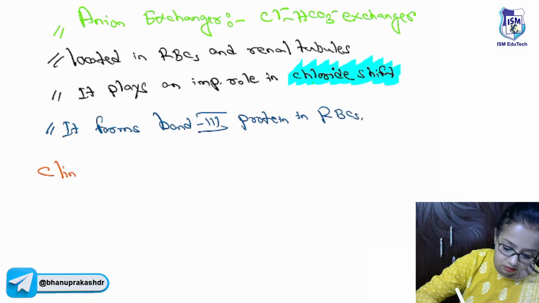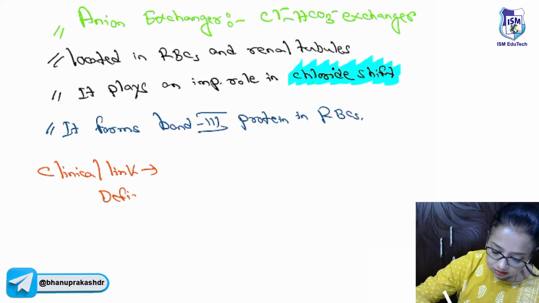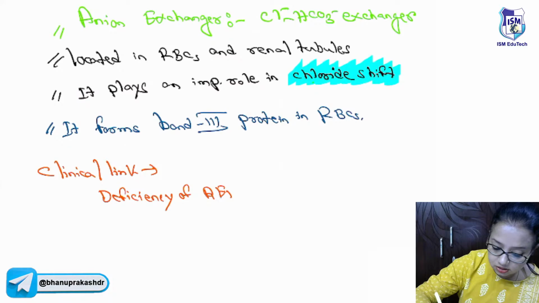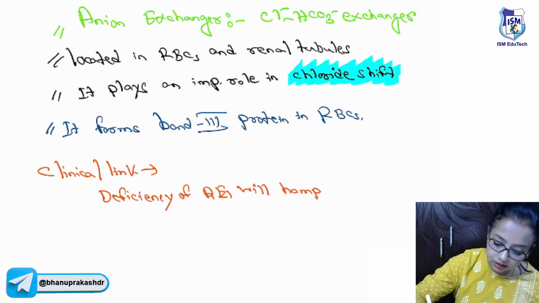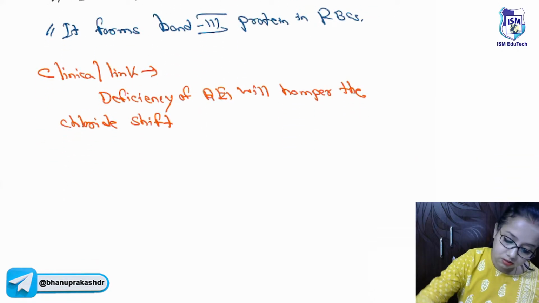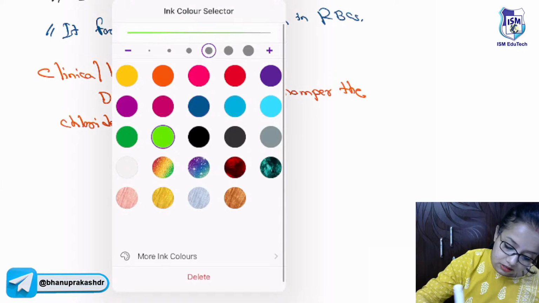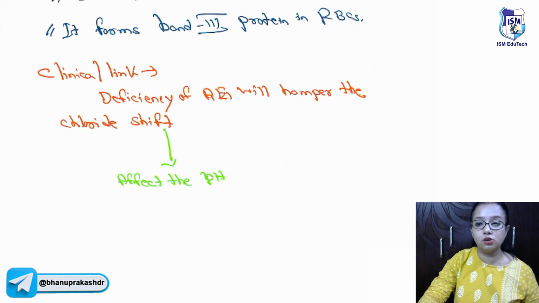Okay. So what is the clinical link to that? Obviously, the clinical link is that deficiency of this anion exchanger will hamper the chloride shift, which in turn will affect the pH of the body.